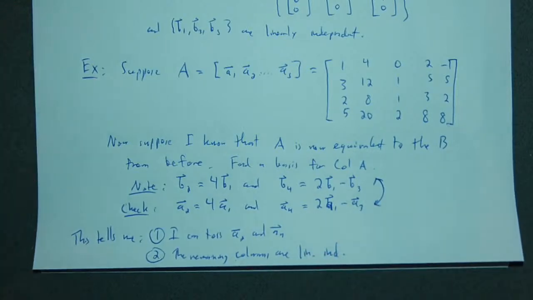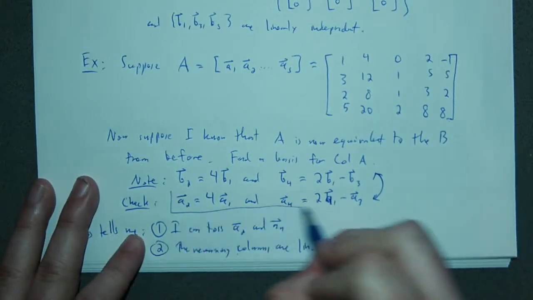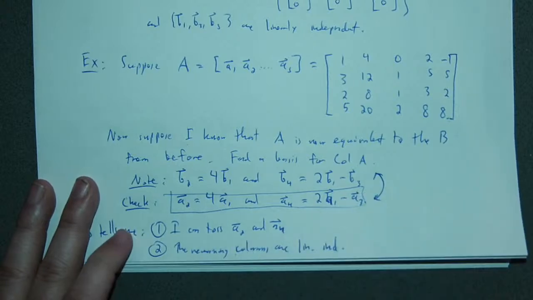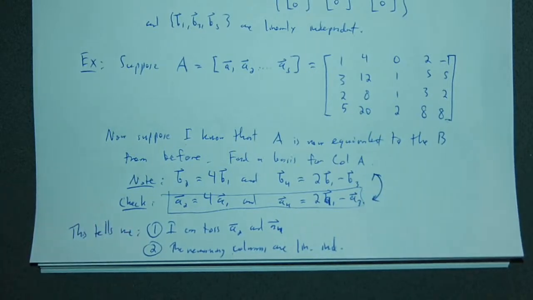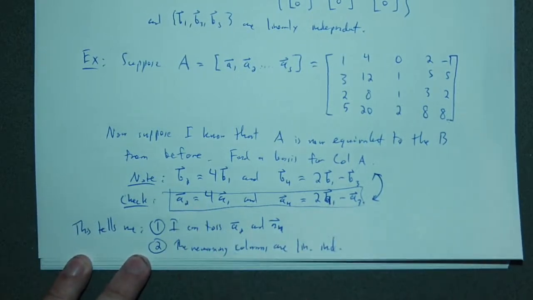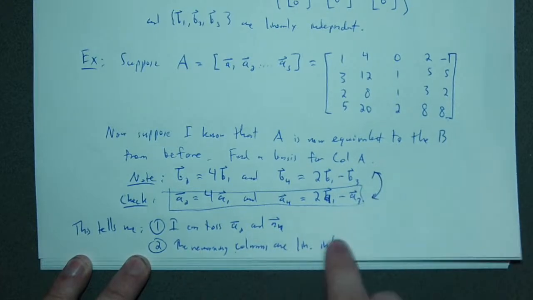Now, why does it tell me that? Well, these facts, regardless of where I got them from, tell me I can toss A2 and A4 because I have linear dependence relations between them and other columns. So this thing that I've boxed tells me why I can throw those two vectors out.